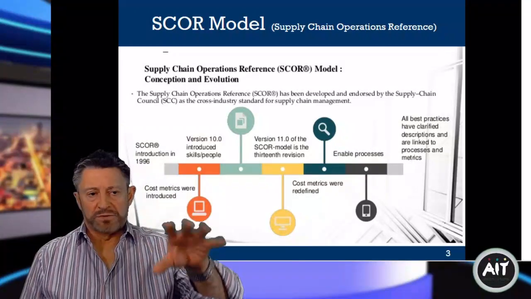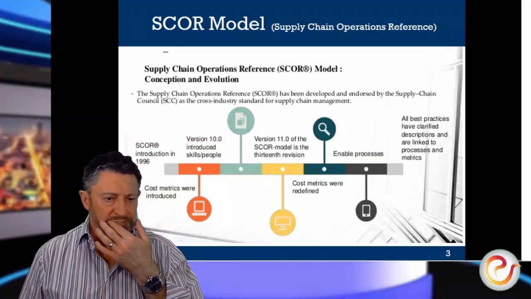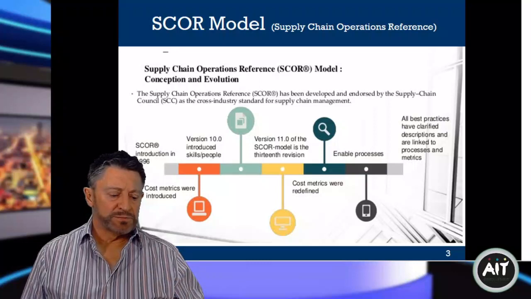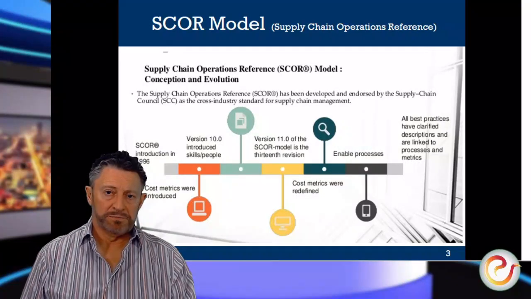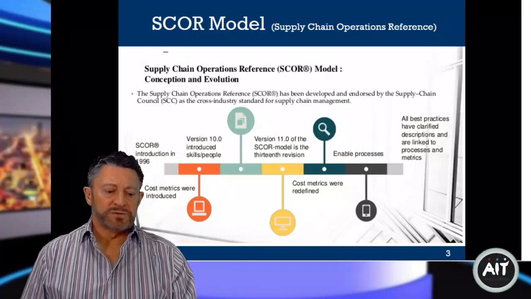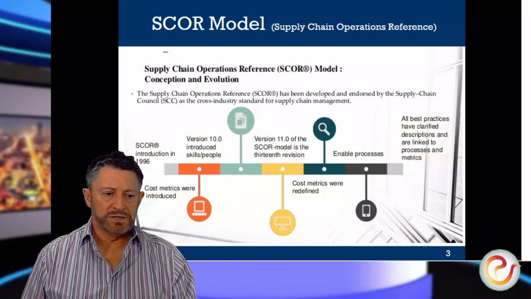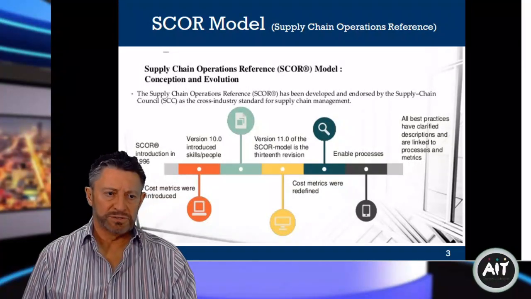Now, the introductory slides on this are pretty generic, and this is probably one of the better models for supply chain management: the supply chain operations reference model. As with everything, we have models for everything. We have models for Six Sigma and for CMM and for quality, and indeed we have them similarly for supply chain as well.